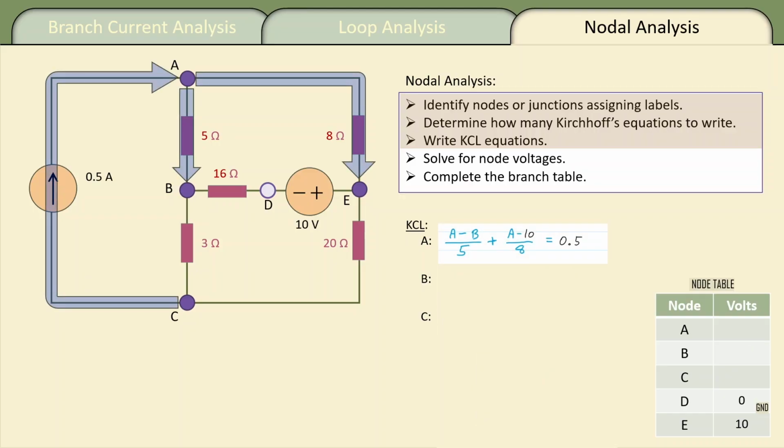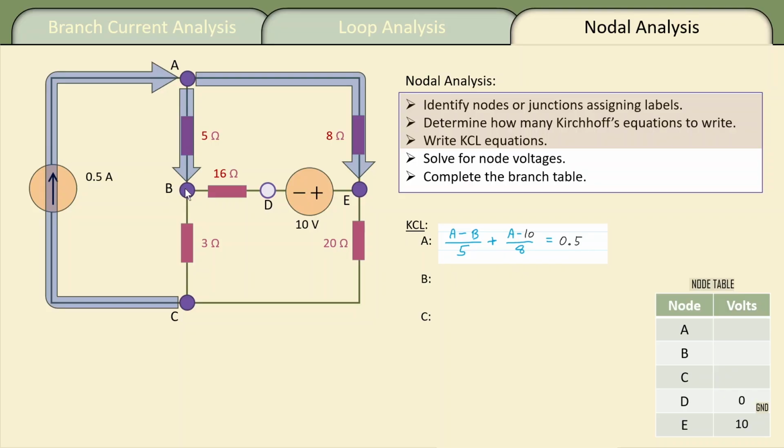Now, the way you would write these equations: KCL is the current law or the junction rule. I normally like to write the equation as a series of currents that are leaving the node. My only exception here is my half amp is definitely entering node A. So I have the half on the right as entering, and the 2 terms on the left are leaving.